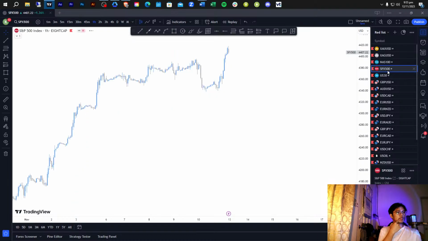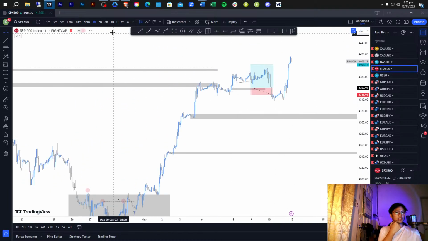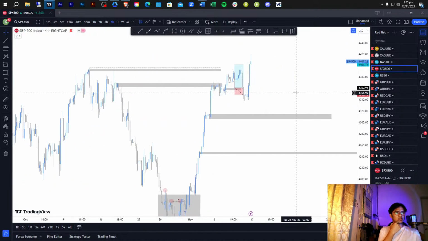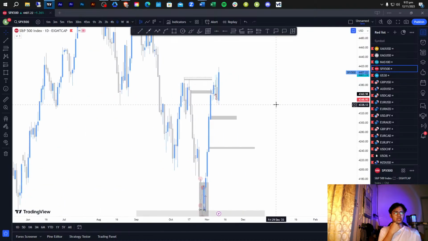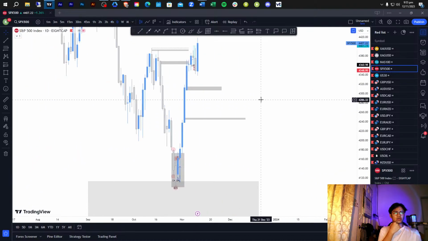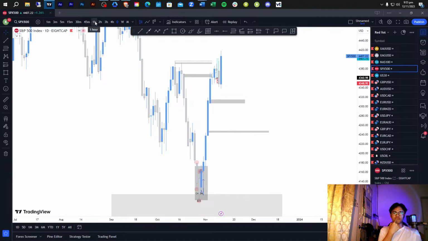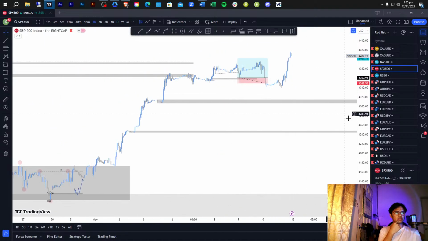And let's go with SPX. So on SPX, just like US30, it's on a reaccumulation.